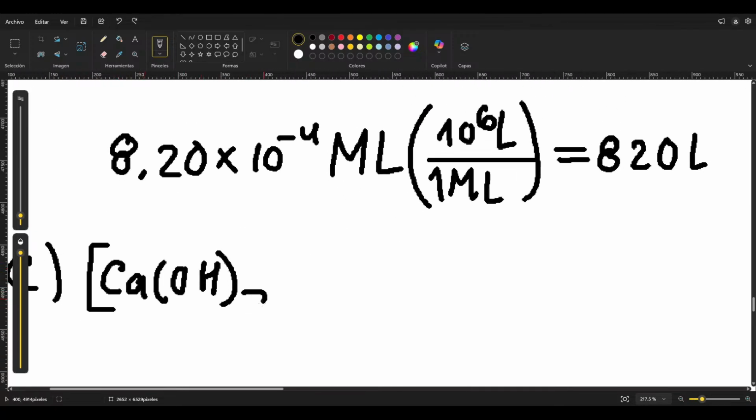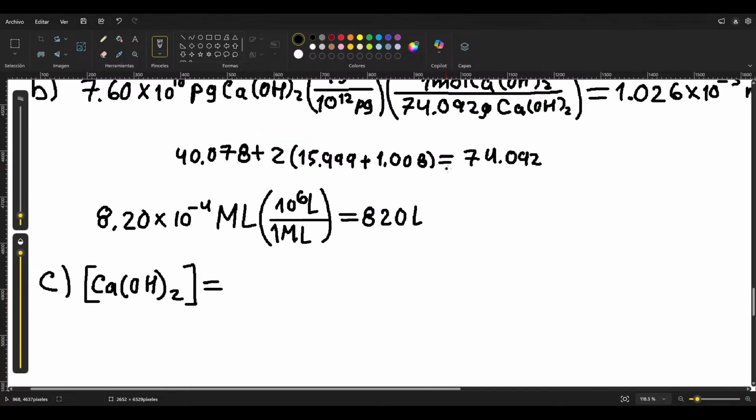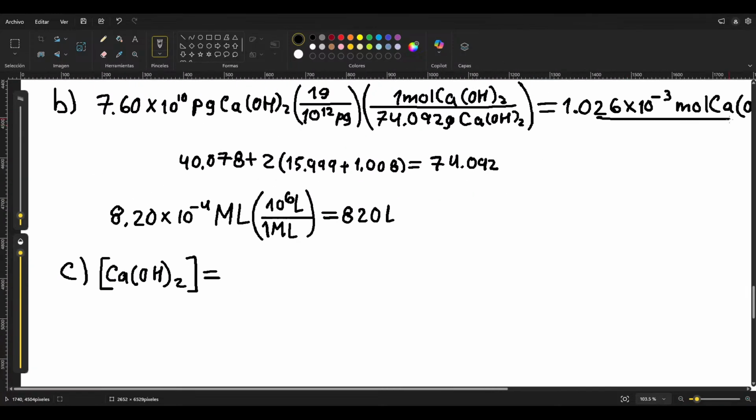Okay, now we're calculating the concentration of, in this case, calcium hydroxide. Basically, divide the moles that we obtained by the liters, specifically.